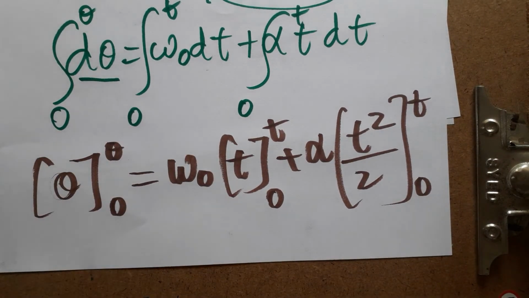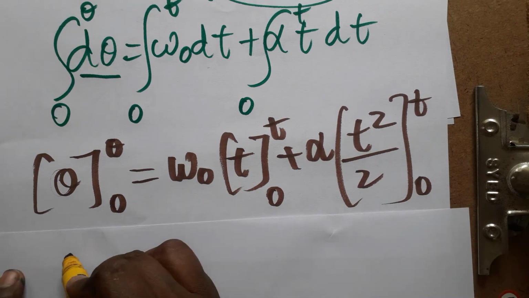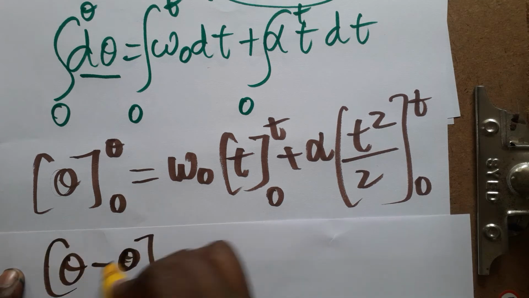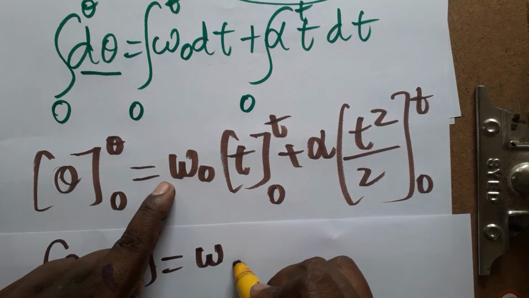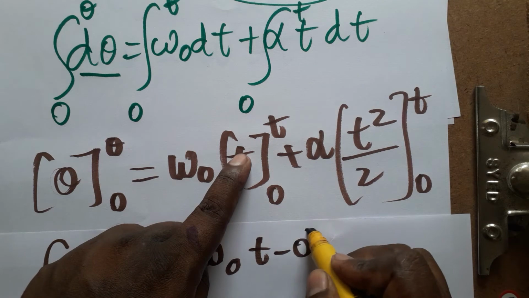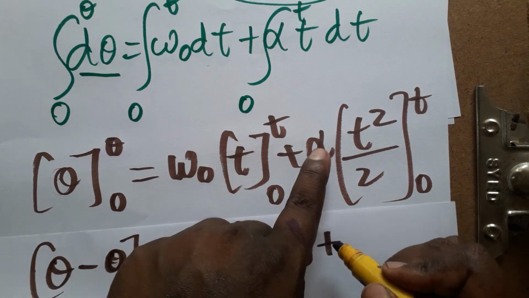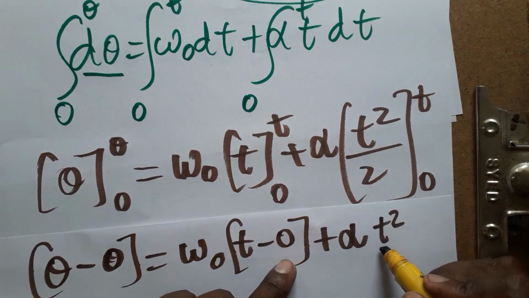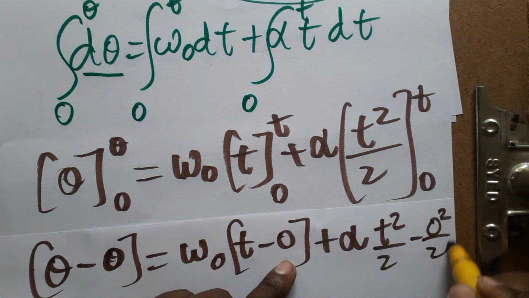From here I will continue the equation. So theta, higher limit is theta minus lower limit 0, is equal to omega naught, higher limit is t minus lower limit 0, plus alpha, higher limit is t square divided by 2 minus lower limit 0 square divided by 2.